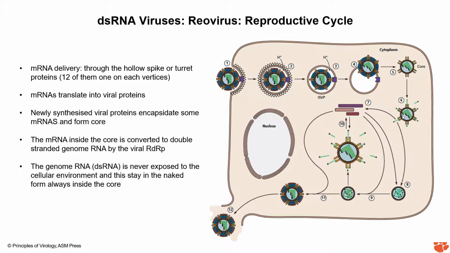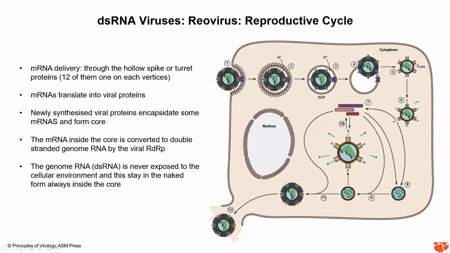See what happens. While it produces the core, there are some cap proteins on these turret proteins. There are 12 of those in 12 vertices. Remember that it's icosahedron. You have 5-fold symmetry, and you have 12 of these 5-fold vertices, and at each of the vertices you have these proteins, which is called a turret protein. And it has a cap on top of that.